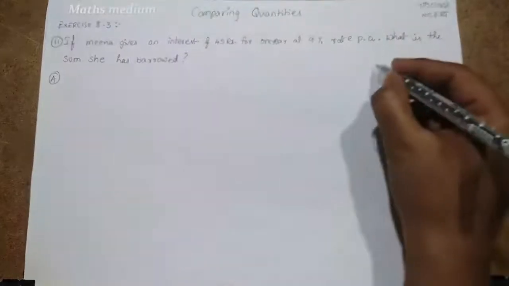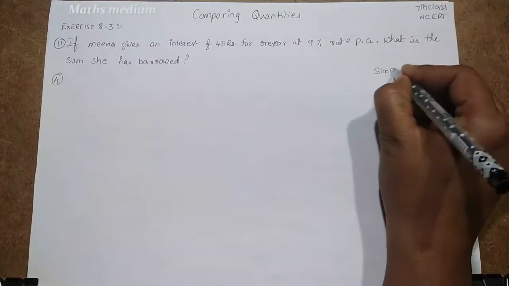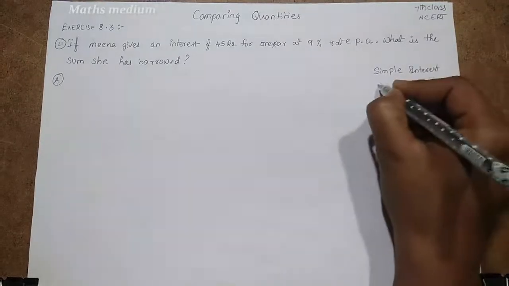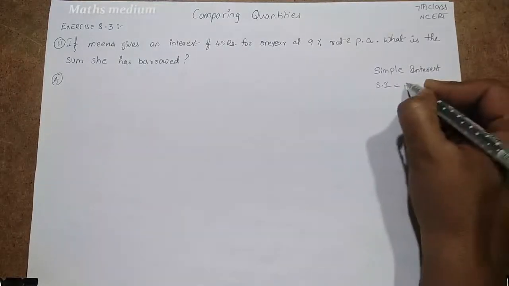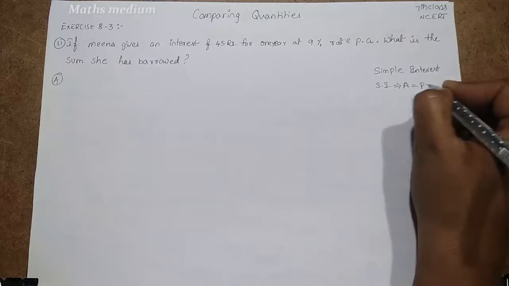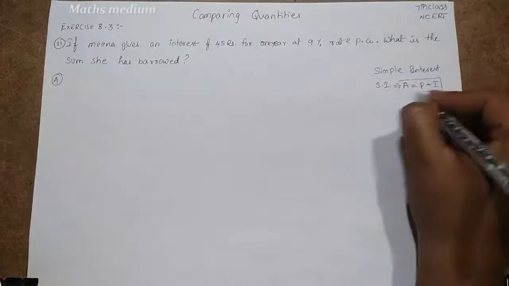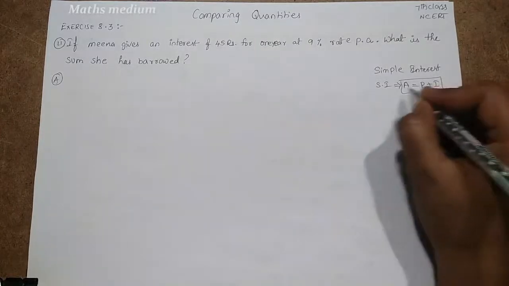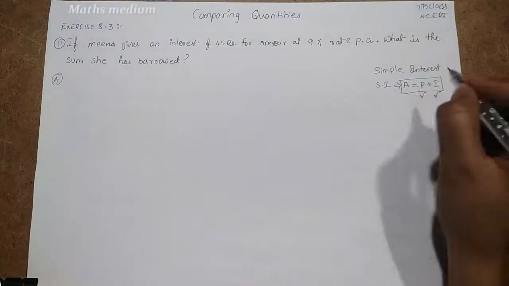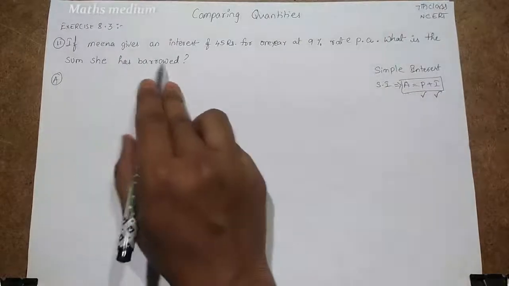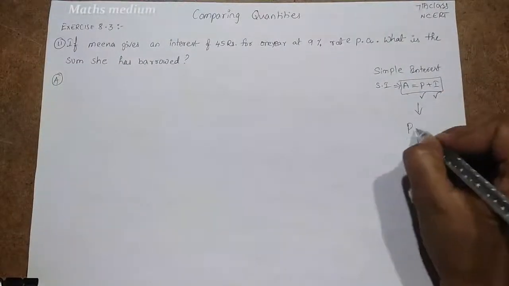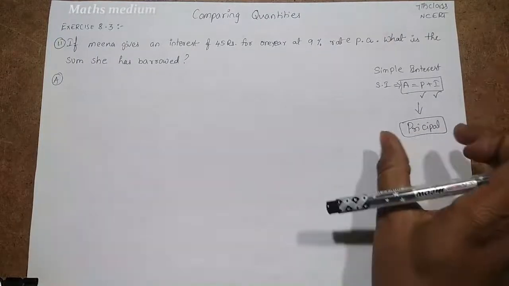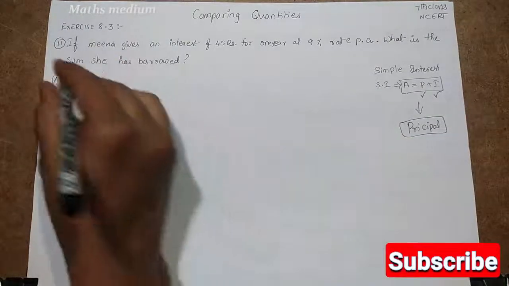Amount means A is equal to P plus I. This is the total: this is principal and this is the interest. By combining them we get the amount, but here we have to find what she has borrowed. It means we have to find the principal only. So let's start here.